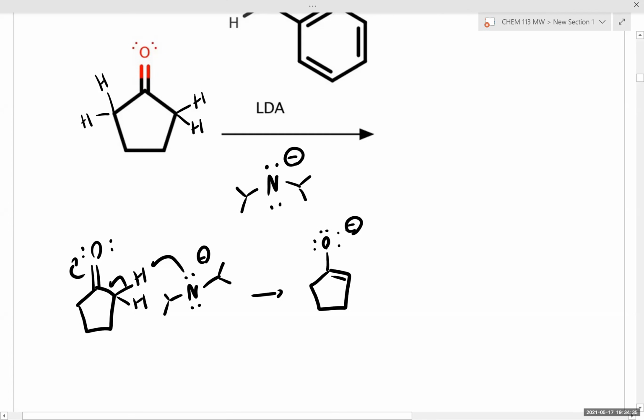Okay, so once we have our enolate, what will happen next? We have our enolate floating around in solution, and we've treated this enolate with an electrophilic aldehyde. What reaction would we see, and what will our product look like? Would anyone like to draw out the next step for this reaction?